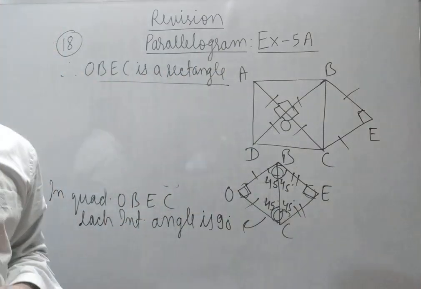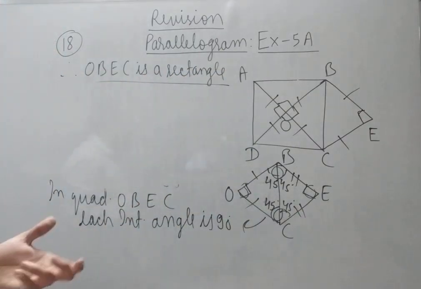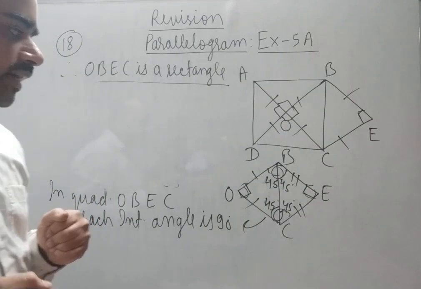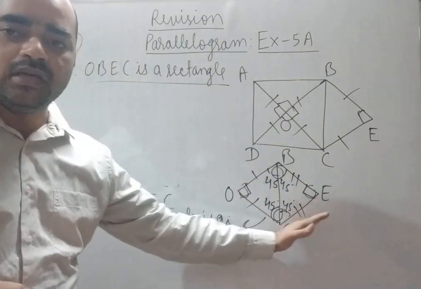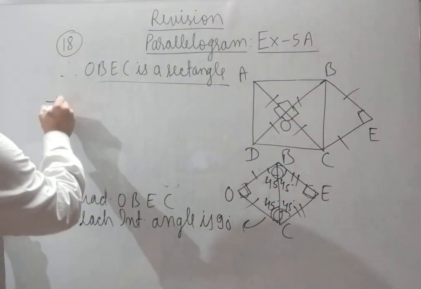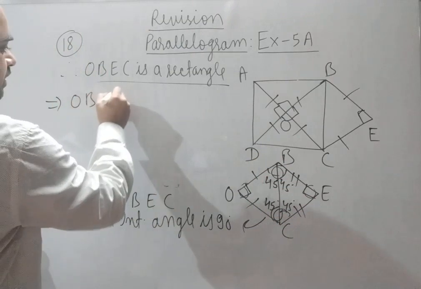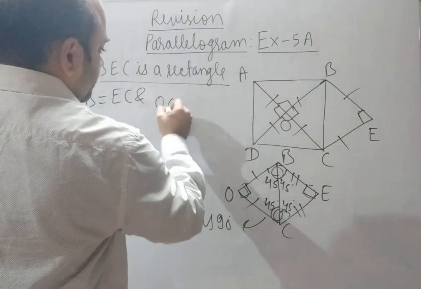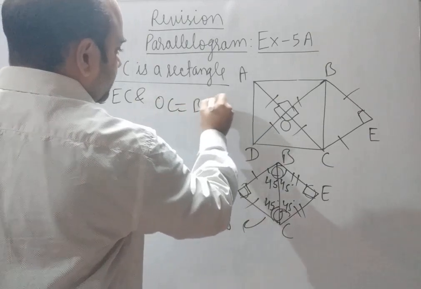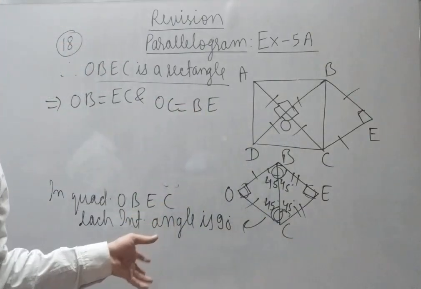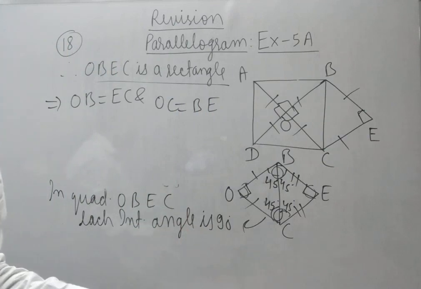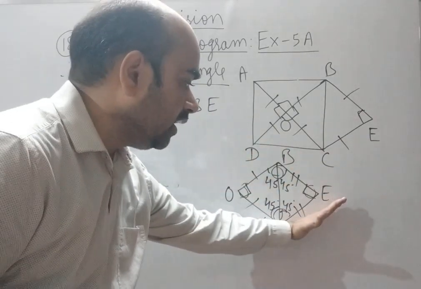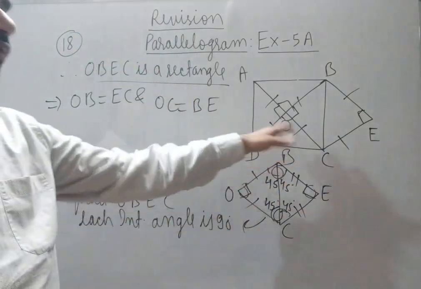If in a quadrilateral each interior angle is 90 degrees, it is a rectangle. Rectangle means opposite sides are equal. It means OB will be equal to EC and OC will be equal to BE, correct? In a rectangle, opposite sides are equal. OB equal to EC, OC equal to BE.